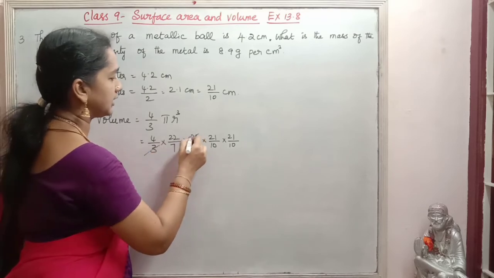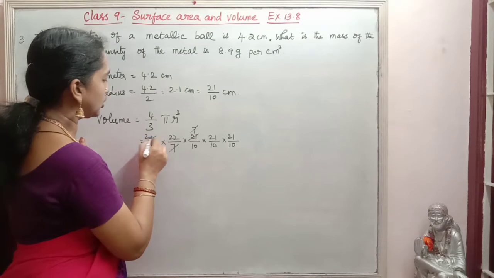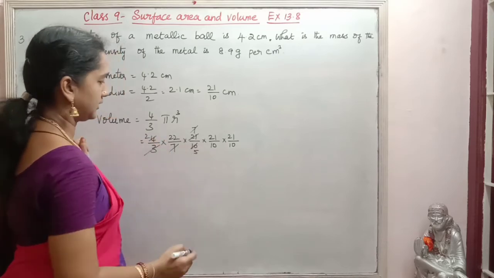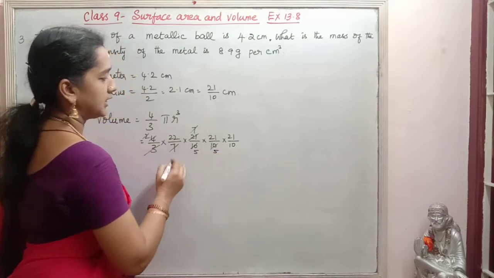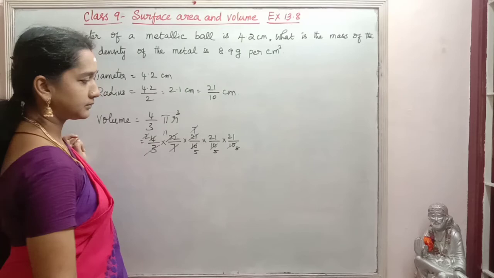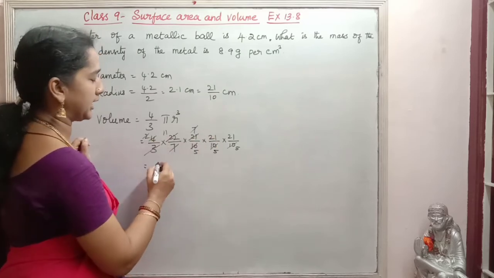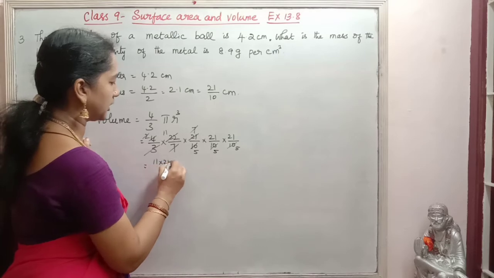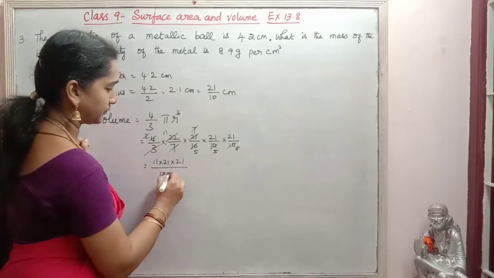Okay, so now we will simplify this. 3 7s are 21, 7 one time it will go. Then 2 2s are 4, 2 5s are 10. Then again 2 5s are 10. Again then 2 11s, 2 5s are 10. Okay, so now we will multiply the numerator. 11 into 21 into 21 divided by 125.